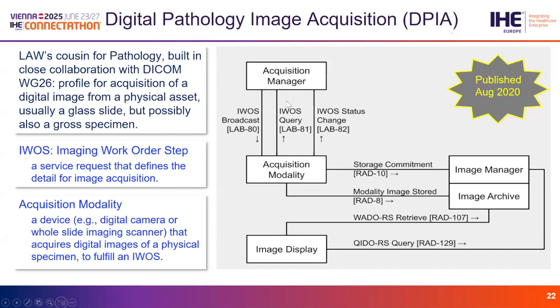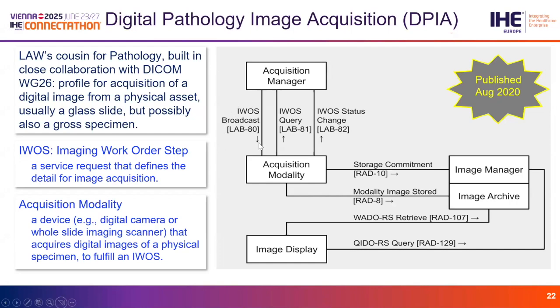In one model, a glass slide appears unannounced in the acquisition modality, and then that scanner queries the acquisition manager for the various metadata elements it needs in order to understand how to scan that slide, for example, at what magnification, as well as potentially other data elements that need to come back over the Lab 80 message so that the DICOM metadata can be populated.